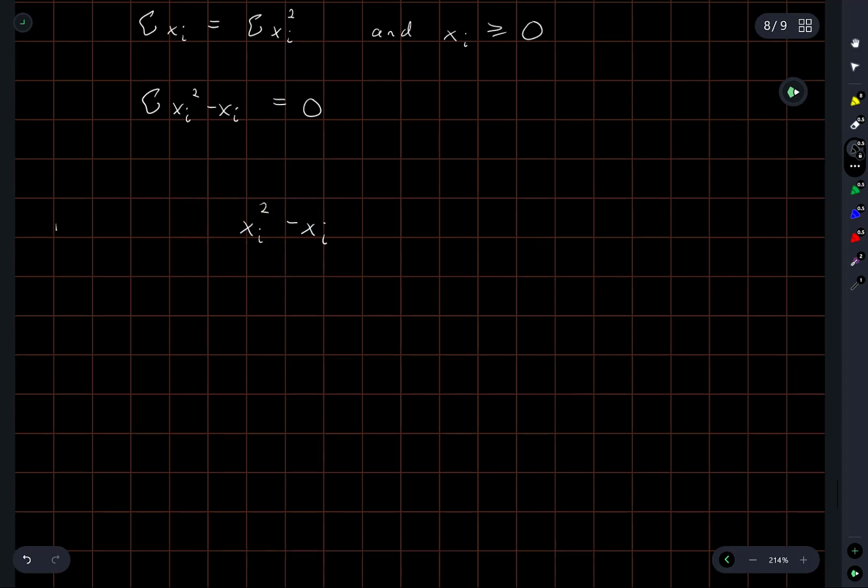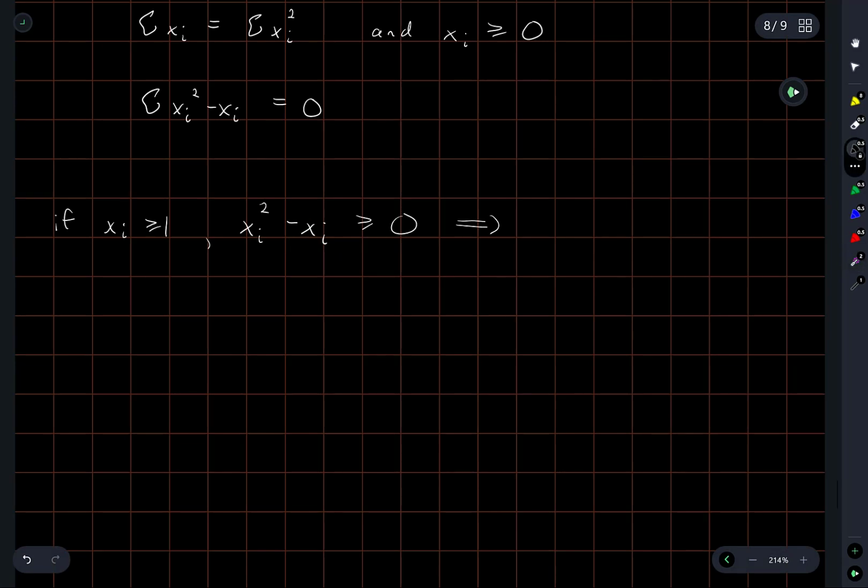Okay, so let's think about if xi is greater than or equal to 1, then xi squared minus xi will be non-negative. This is because if I have a number greater than 1 and I square it, then it gets bigger. So I have a number and I'm subtracting something smaller. So this must be positive.